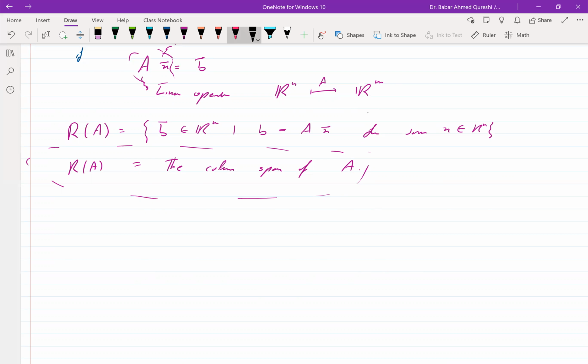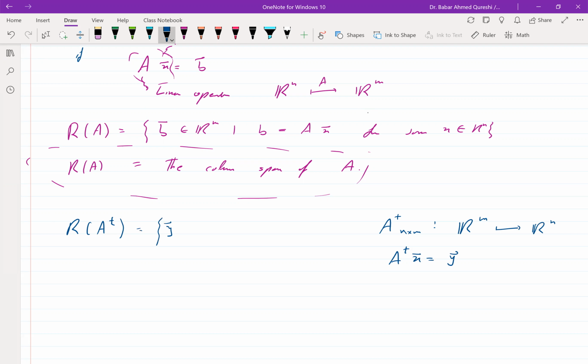Now, I can also consider the range of A transpose. What happens if I consider the range of A transpose? Now, I have flipped the rows with the columns. So A transpose is n by m. So it goes from Rm to Rn. You're solving some equation, A transpose acting on some vector x to give you some vector y.